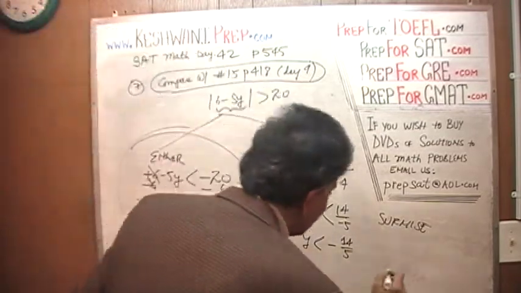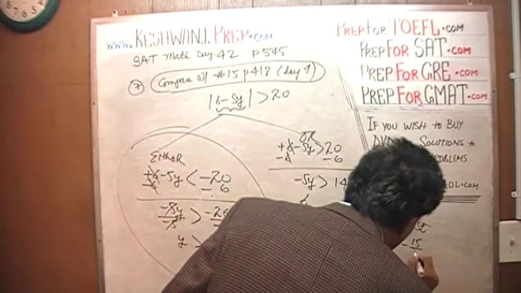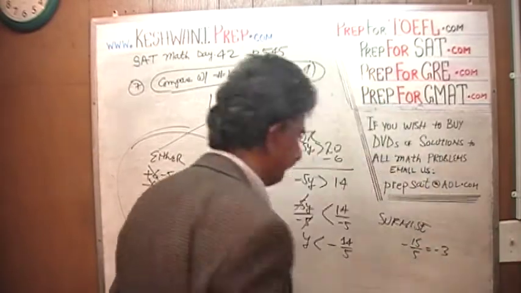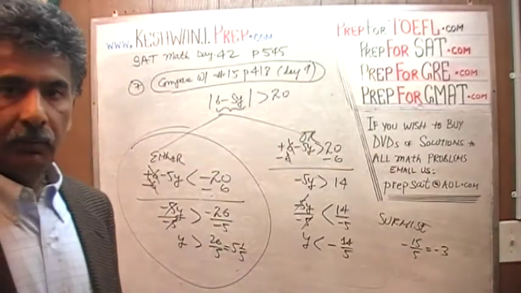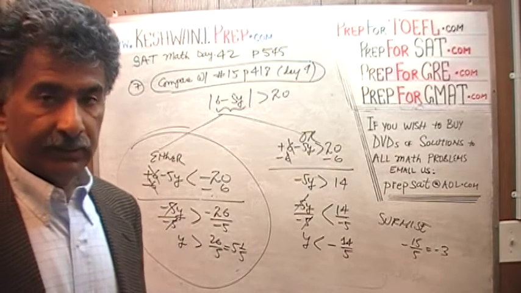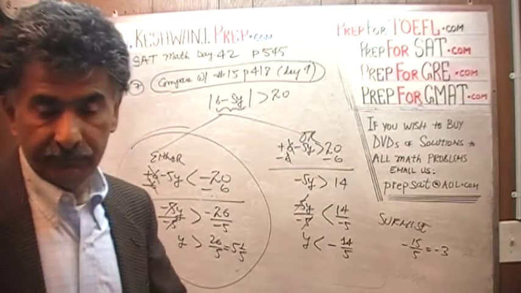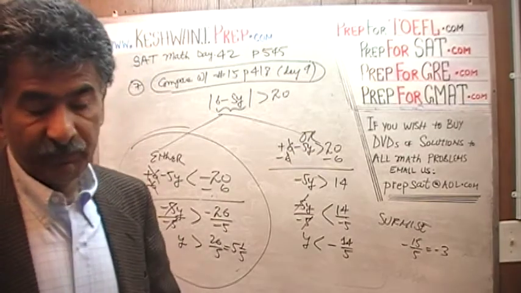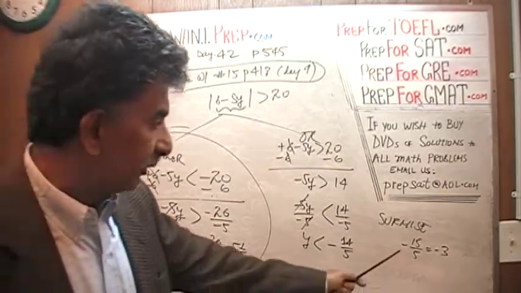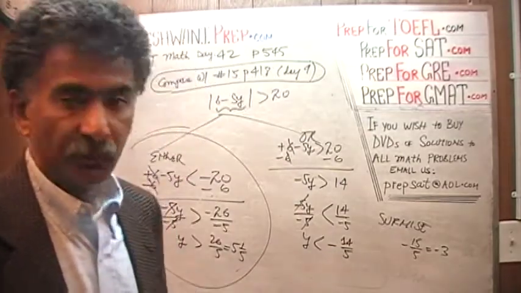We know that negative 15 over 5 is negative 3, which means as long as it's less than negative 14 over 5, we are fine. If the value happens to be negative 3, it will be just fine, because negative 15 over 5 is less than negative 14 over 5.